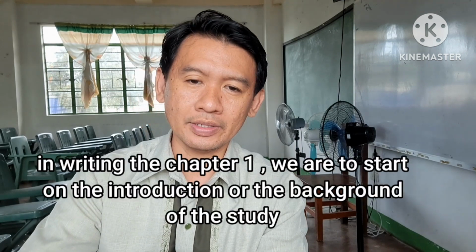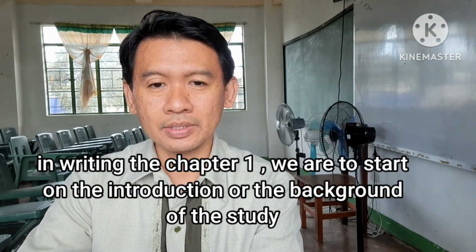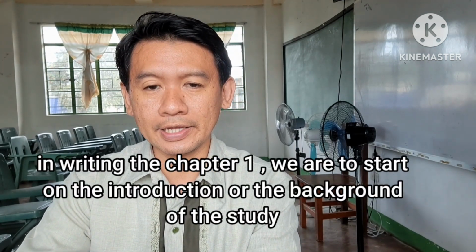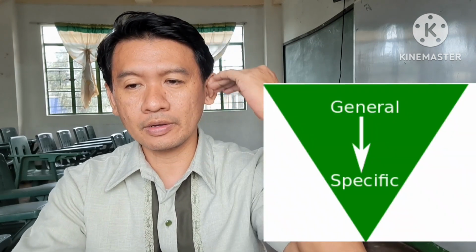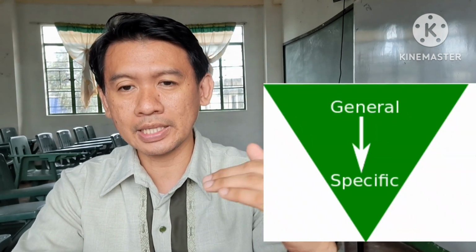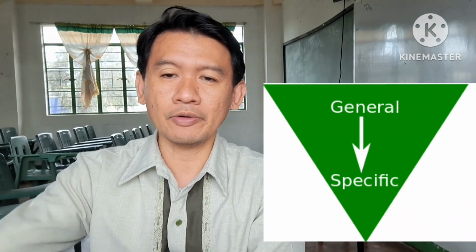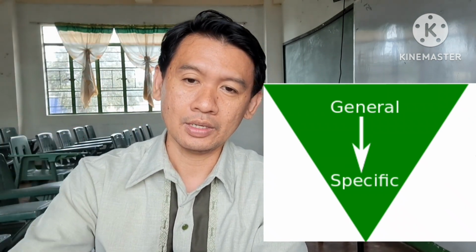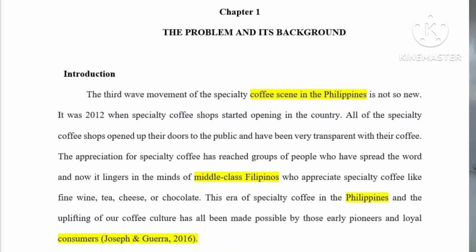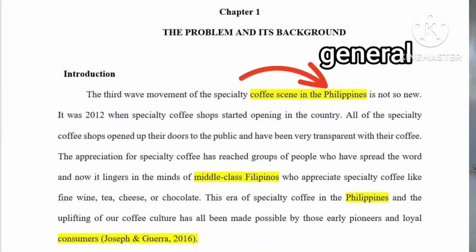In Chapter 1, Introduction or the Background, dito makikita natin yung inverted pyramid na sinasabi, wherein from general to specific. So, ang background of the study niya, the third wave movement, specialty coffee scene in the Philippines.